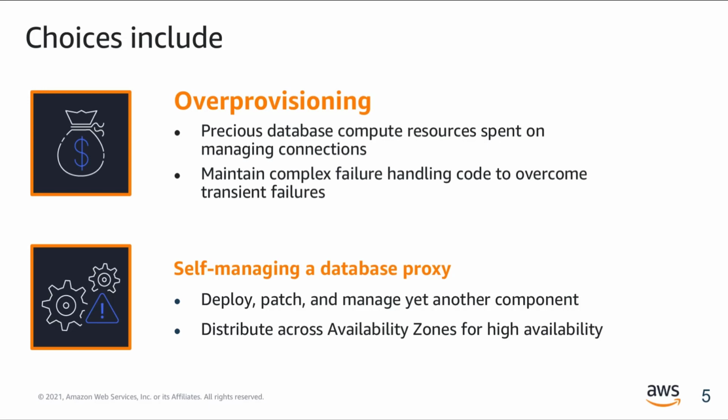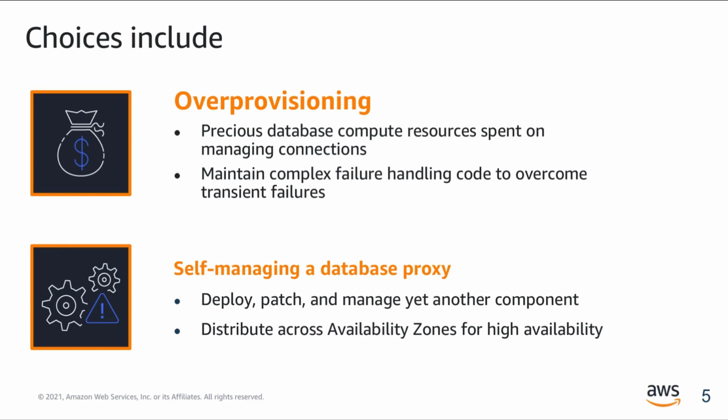Prior to launching RDS Proxy, what were the customer choices? To handle the high number of application connections, customers would typically over-provision the DB instance so that it has enough compute and memory resources to handle the surge of database connections. In addition to that, you also need to maintain a complex failure handling mechanism in your application code to overcome the transient failures during failover events.